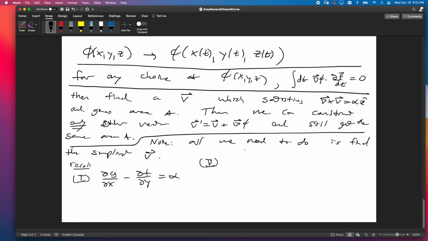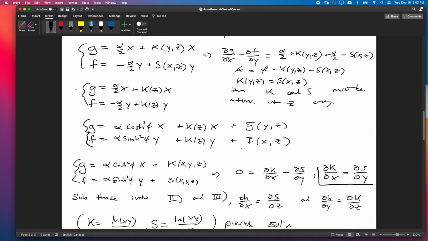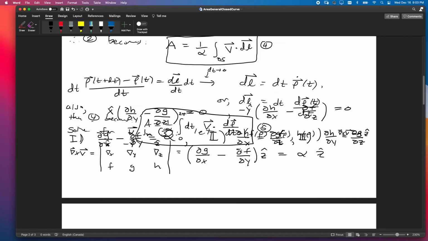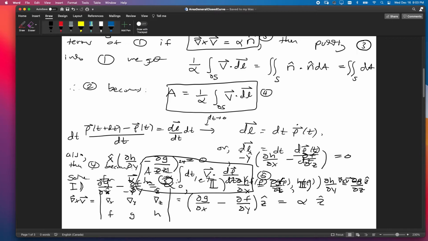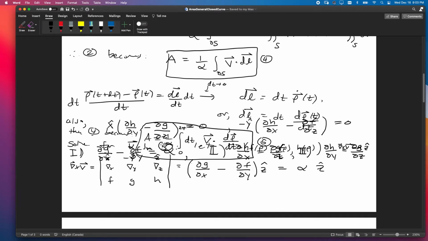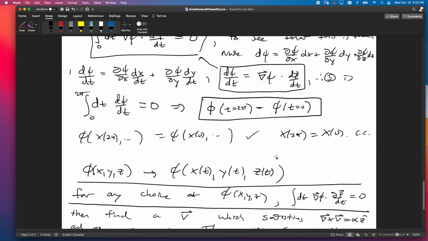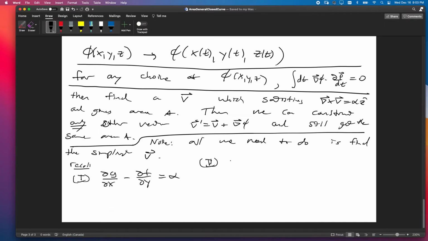The second equation, I forget, which was, things really got messed up here. dh over dx is equal to dg over dz, and the third one, which was dh over dy is equal to df over dz.